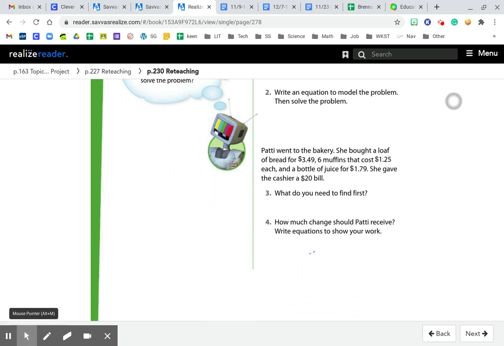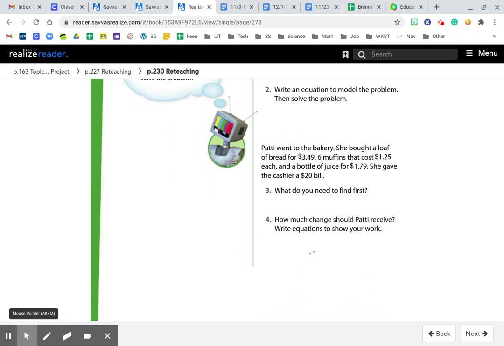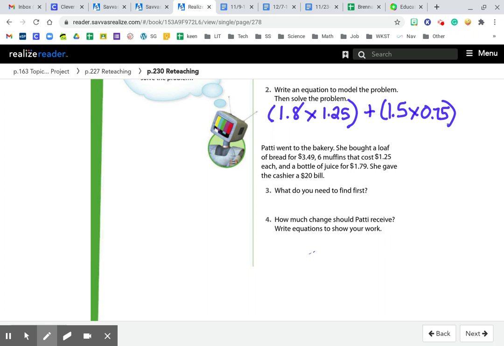Okay, write an equation to solve the problem, then solve the problem. So we want to add all the parts. So if the yellow part is 1.8 times 1.5 plus the green part is 1.5 times 0.75 plus the red part is 1.5 times 0.5 equals.